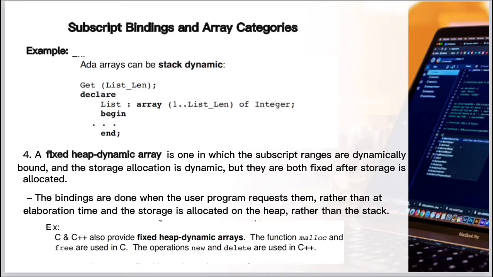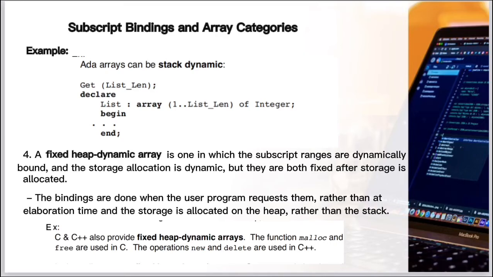4. A fixed heap dynamic array is one in which the subscript ranges are dynamically bound and the storage allocation is dynamic, but they are both fixed after storage is allocated. The bindings are done when the user program requests them, rather than at elaboration time, and the storage is allocated on the heap rather than the stack.